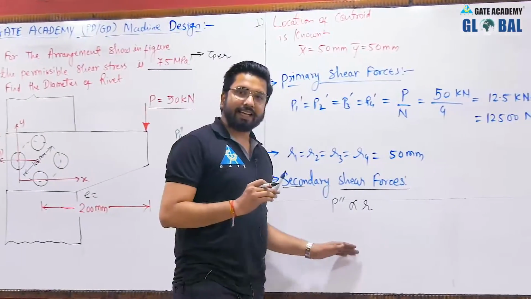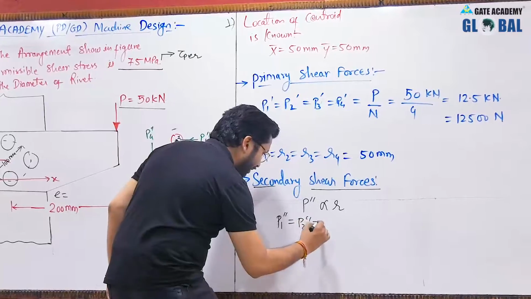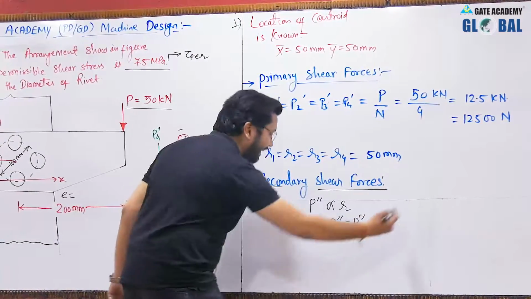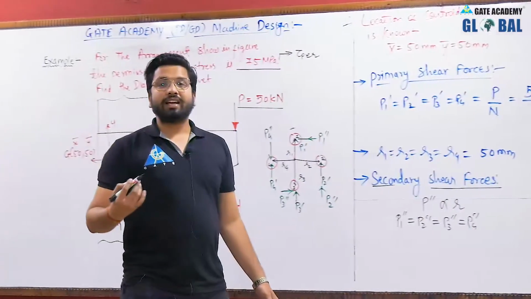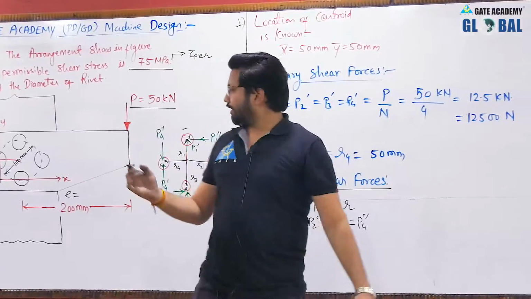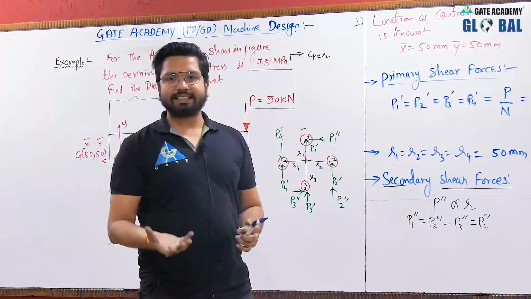Hence, we can say that P1 double dash will be equal to P2 double dash, it will be equal to P3 double dash, and it will be equal to P4 double dash. So all the secondary shear forces are equal in magnitude because they are at equal distance with respect to the centroid. There may be a problem where the radial distances are different.